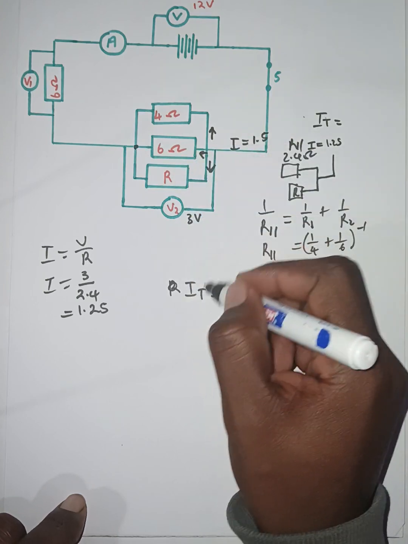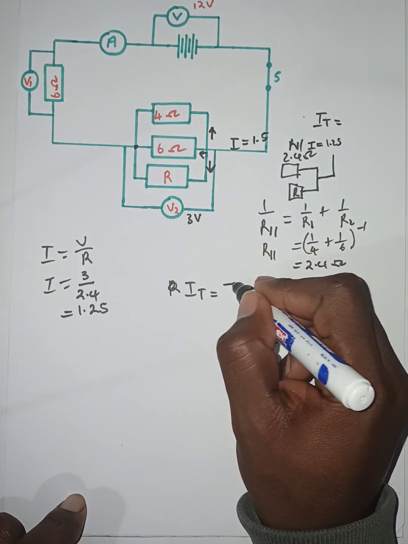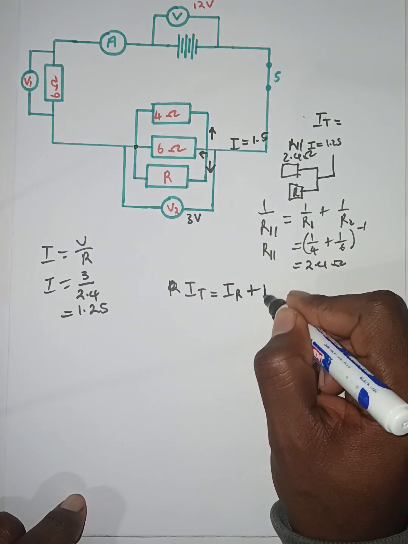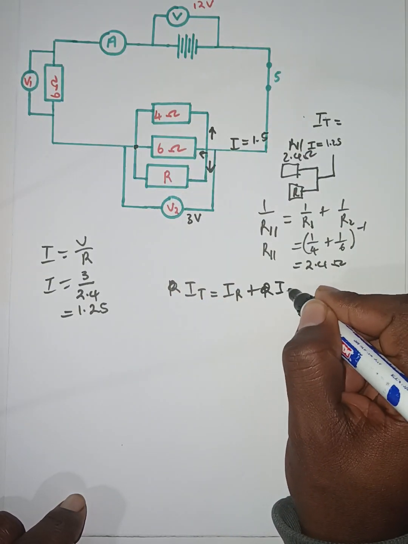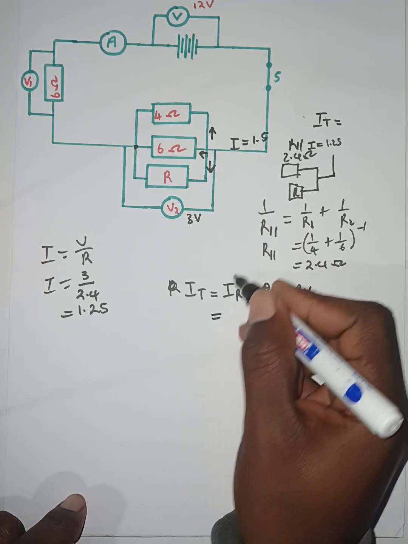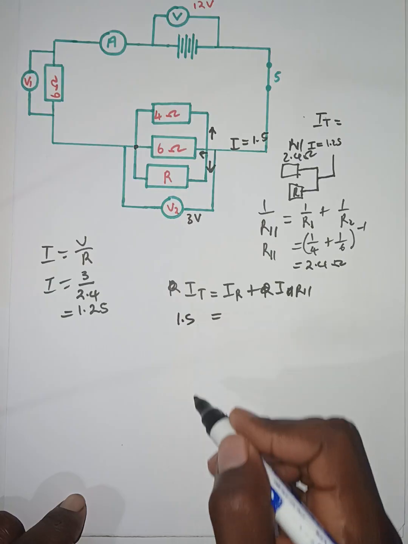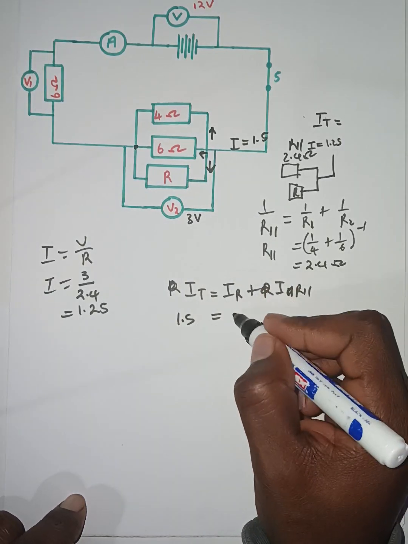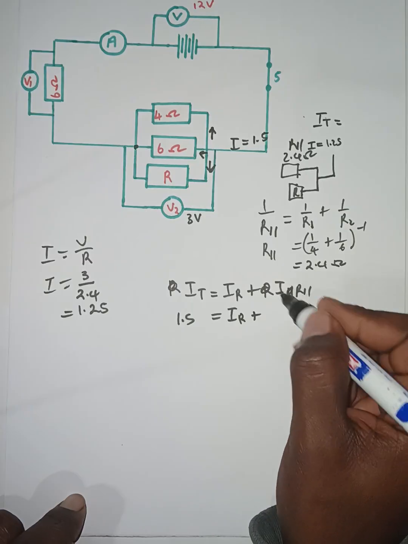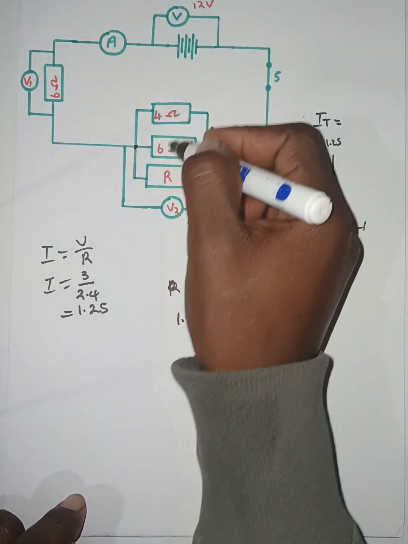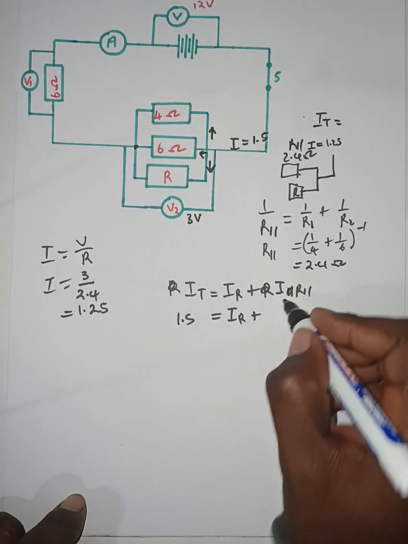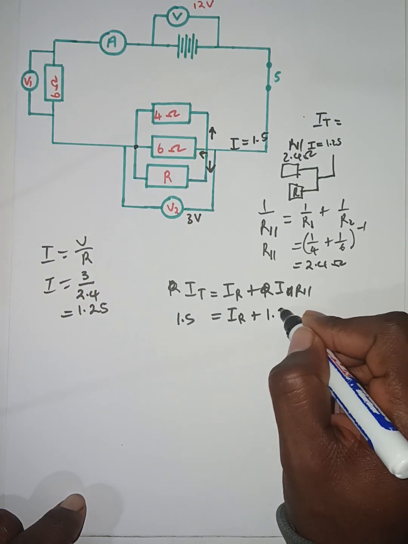So I total would be equal to IR plus the current of that parallel R. I know my total current to be 1.5, and IR is what I'm trying to achieve, plus the current through my parallel resistance, which is 1.25.